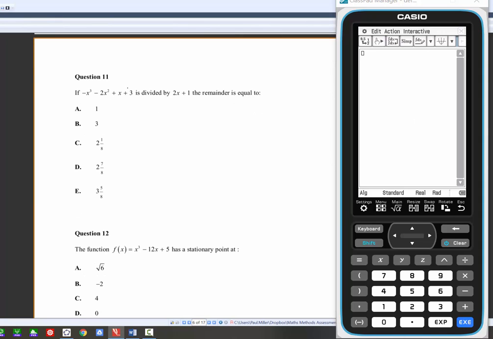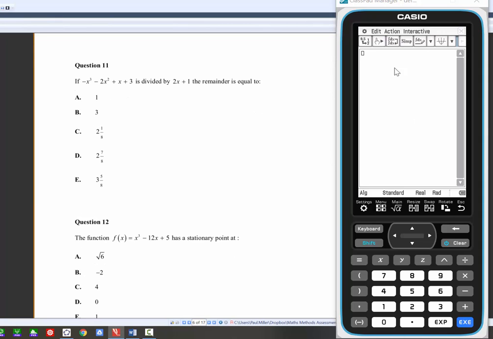Okay, some of you guys use long division on this one. No way. Okay, so what you want to do is define f of x equal negative x cubed take away 2x squared plus x plus 3. And what we're going to do is use the remainder theorem.